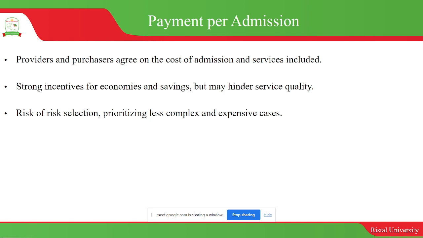The issue that can arise is risk selection, and also prioritizing less complex and less expensive cases.